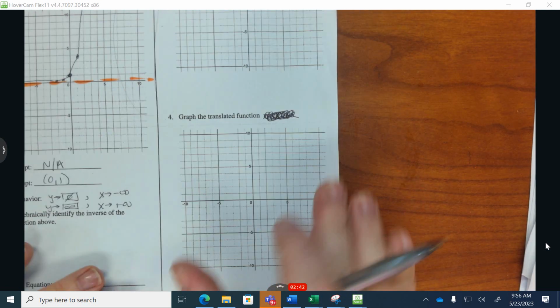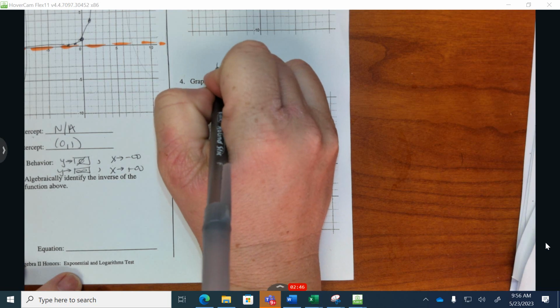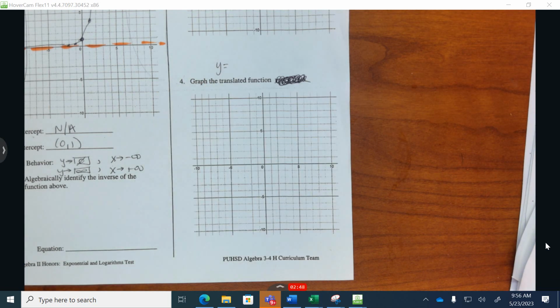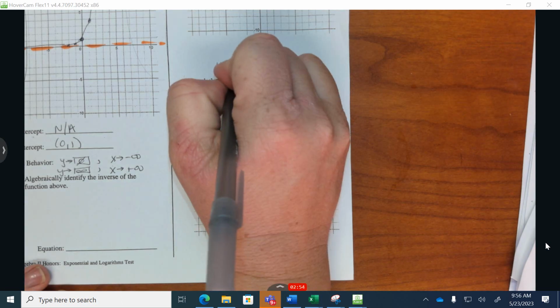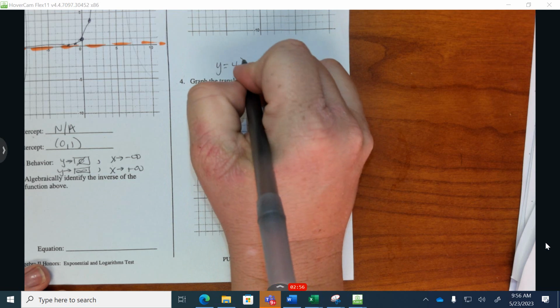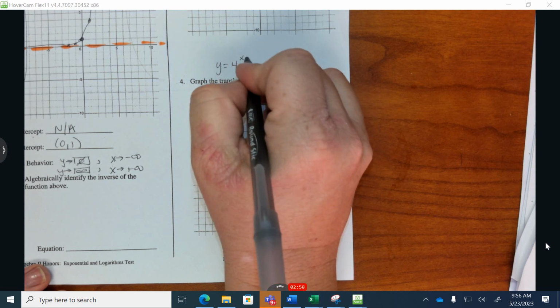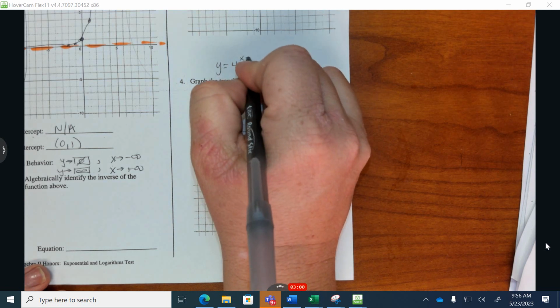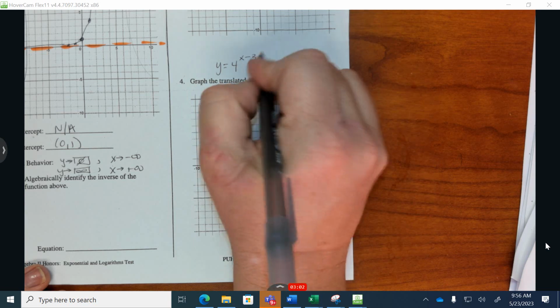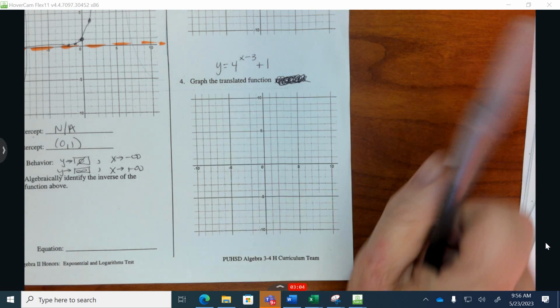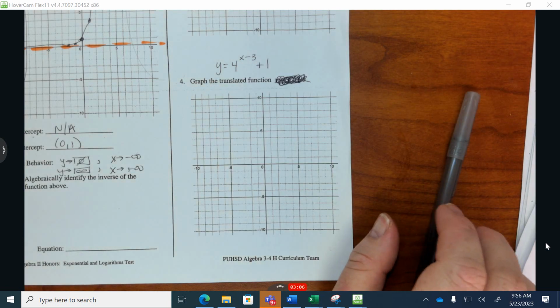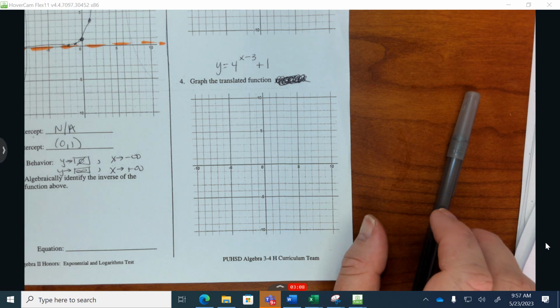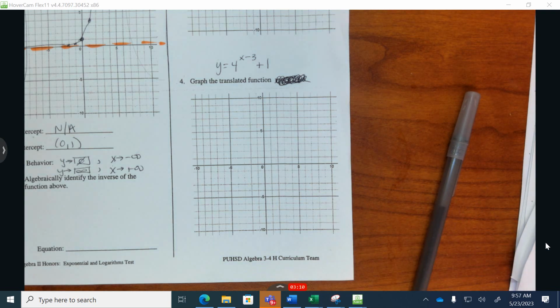But first, let's jump over here and let's look at this. I want you to write down y equals, and now we're going to add some transformations to the original exponential function y equals 4 to the x. So y equals 4 to the x, and now we're going to add some things to this. Let's go minus 3 plus 1. Notice the minus 3 is occurring in the exponent position, the plus 1 is in back.